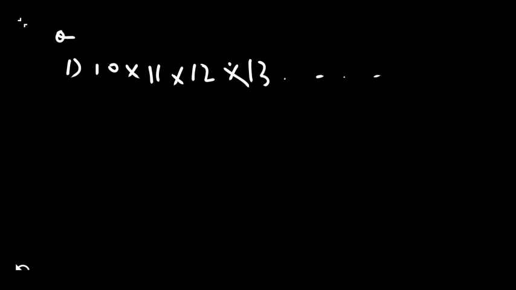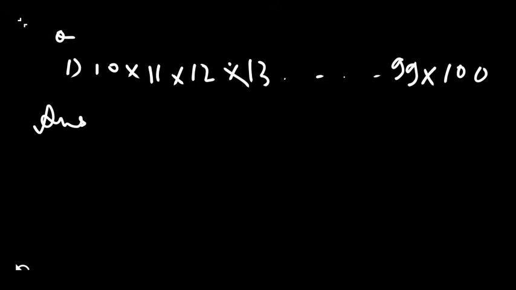Let's say we have been given some numbers multiplied together and we have to represent them in factorial notation. For part 1, the number is 10 multiplied by 11 multiplied by 12 multiplied by 13 up to 99 multiplied by 100. How will we represent this in factorial notation?